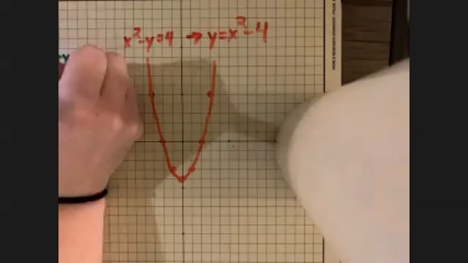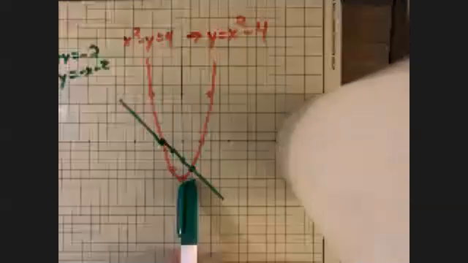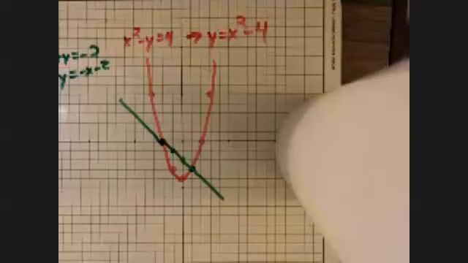And we see that sure enough, we have the ordered pairs negative 2, 0, and 1, negative 3 as our ordered pairs for where that works. So that graphically verifies what we just had.